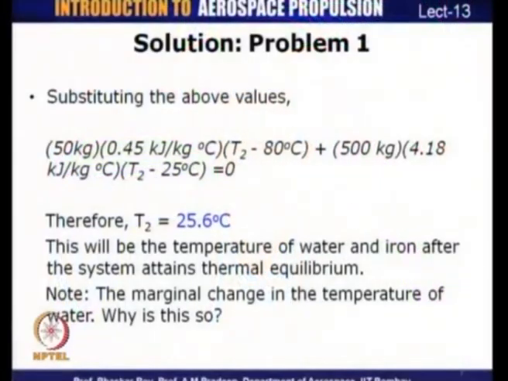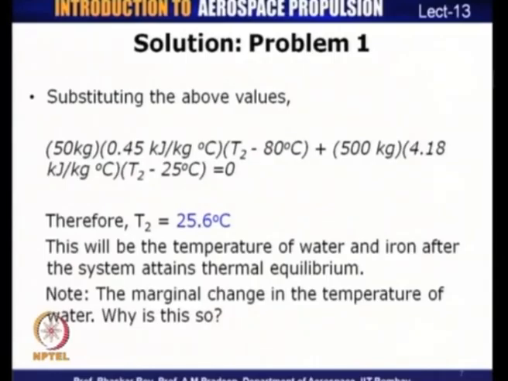So, if we substitute these values for the iron block, which is 50 kg mass, 0.45 kilojoules per kilogram degree Celsius is the specific heat of iron, multiplied by T2 minus 80 degree Celsius, where T2 is the final temperature and 80 is the initial temperature. This plus 500 kgs of water multiplied by 4.18 kilojoules per kilogram degree Celsius, the specific heat of water, multiplied by T2, the final temperature of water, minus 25 degree Celsius.